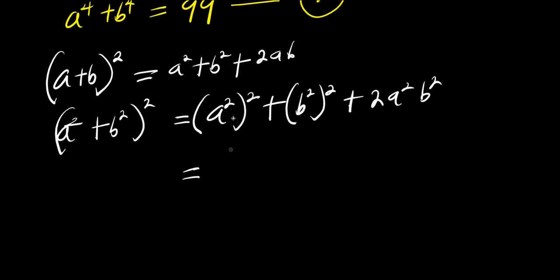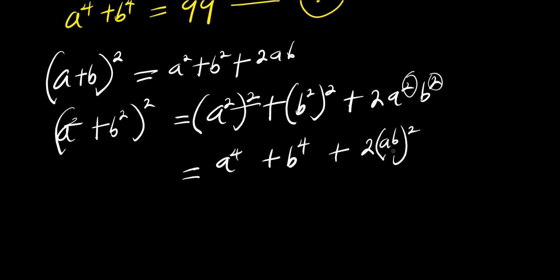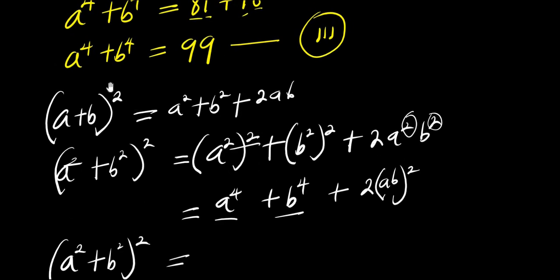And this will simply give you a power 4 plus b power 4 plus, I can factor out this exponent, 2 times ab power 2. So that means we have a squared plus b squared power 2 equals a power 4 plus b power 4, which is 99.